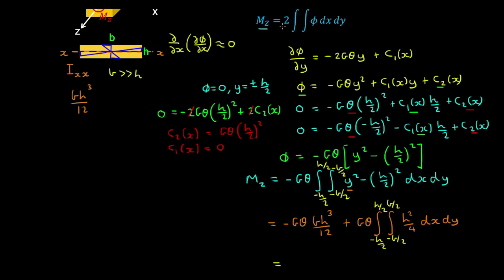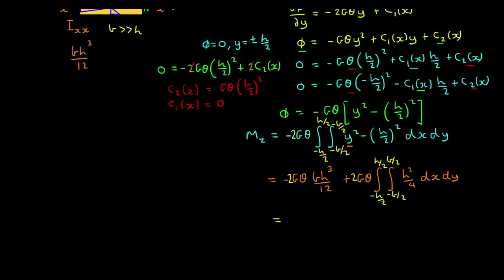And note that I forgot to put a 2 here ahead of the integral. So what we can do is just multiply this by 2 to fix that. So this second integral is straightforward to evaluate, which will be bh cubed on 4.